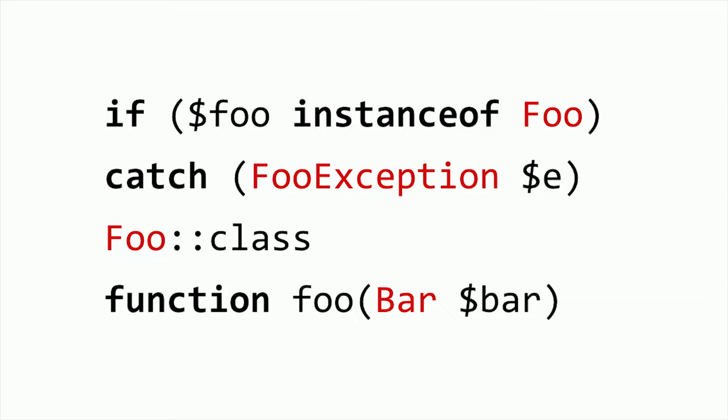If you are catching some undefined exception, the catch block will be skipped. PHP will happily create a name to a class that doesn't exist. And if you have a type hint in a function that doesn't exist, the function will not let any argument pass to it. And that's how PHP behaves.